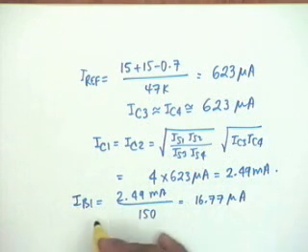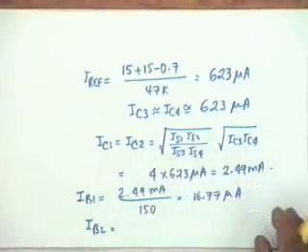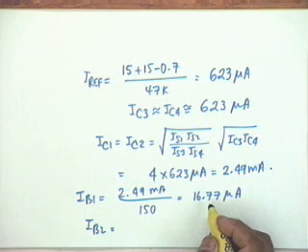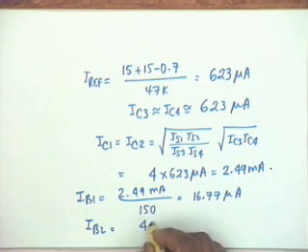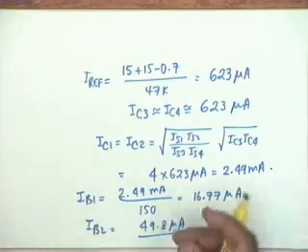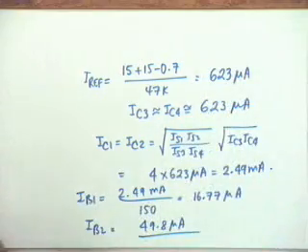Agree? Similarly, you calculate IB2. How much? 3 times this. That means 49.8 microampere. Even 50 microampere we could ignore compared to 623. Okay? 1:12 ratio we can.